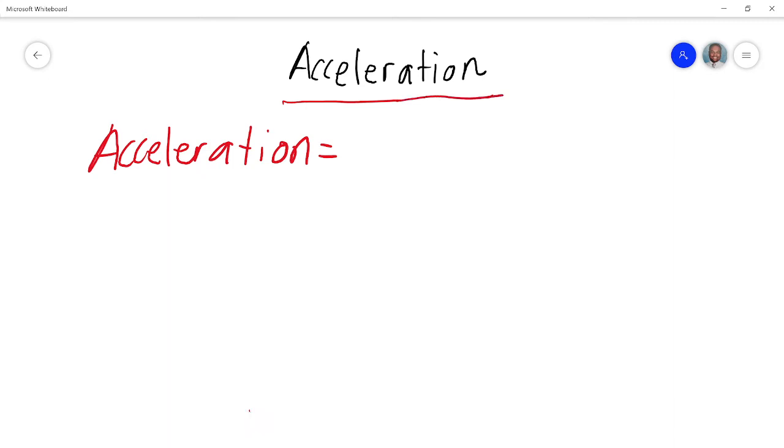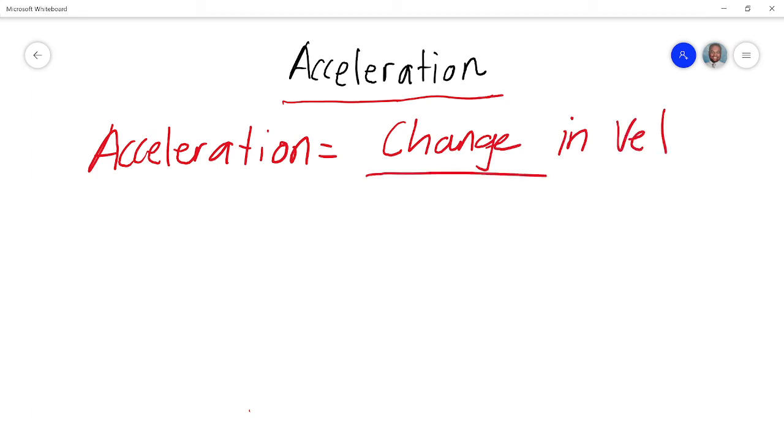Let's call acceleration a. That's the formula. Because we've got a change in velocity, there has to be a difference in velocity, so let's look at the initial and final. To calculate acceleration, the numerator is change in velocity over time.